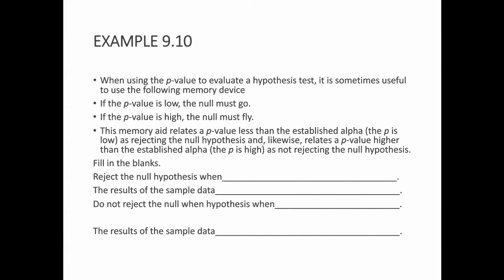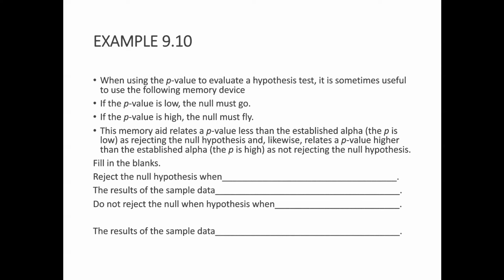So if the p-value is lower than alpha, then you reject the null hypothesis. If it's less than alpha, you reject the null. If the p is high, the null must fly. So if the p-value is larger than your preset alpha, you can't reject the null hypothesis. So you fail to reject it.